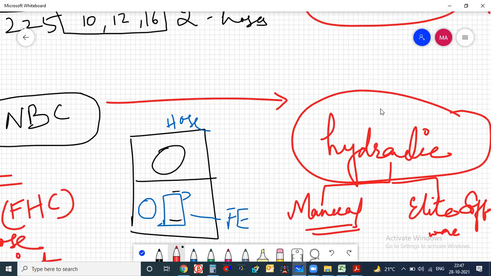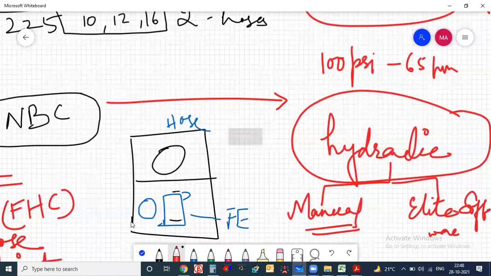Normally in allied software, we have to just input the values. Based on the values only, the software will never understand whether you are doing it for a wet sprinkler system or a foam sprinkler system. But if you know the exact values, for example, if I am putting 100 psi, I will understand that I am doing it for 65 mm.